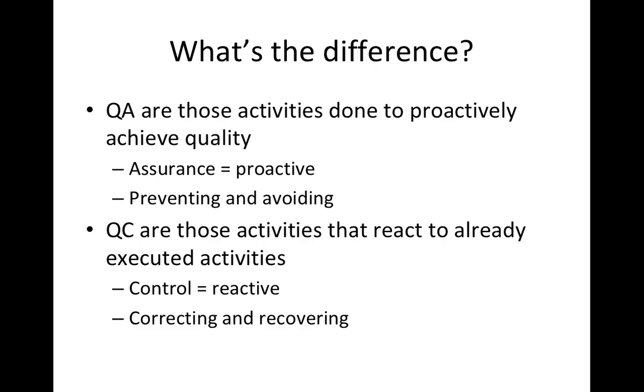Quality control is typically reactive. That means things go bad. How do we correct it, and how do we make it right? You wouldn't necessarily say it's a failure on the part of quality assurance, but in a way it is. But there are always things that are unforeseen that can happen, and that's what the QC department's for.